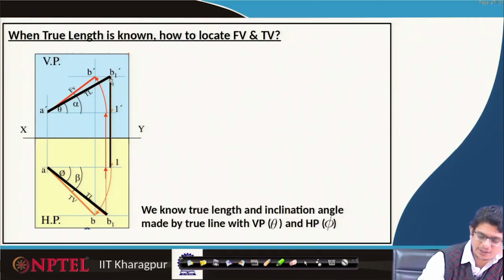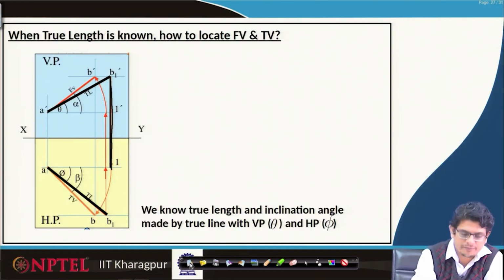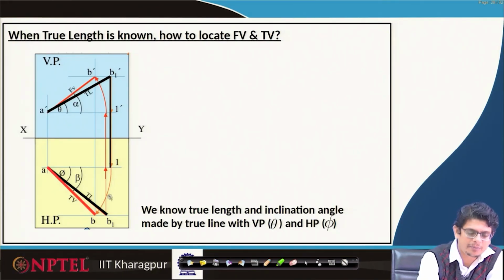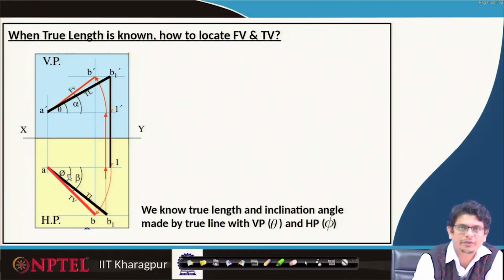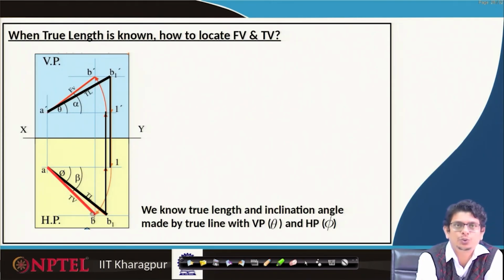Once this true length is known, we project this all the way down. When it is done, we rotate it by 90 degrees all the way to construct phi angle, so that it is going to intersect at that point, and we will be in a position to construct true length in the top view.